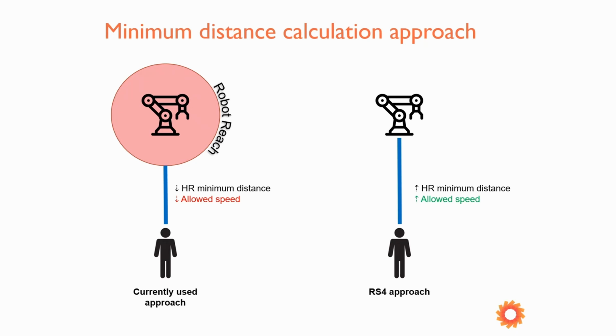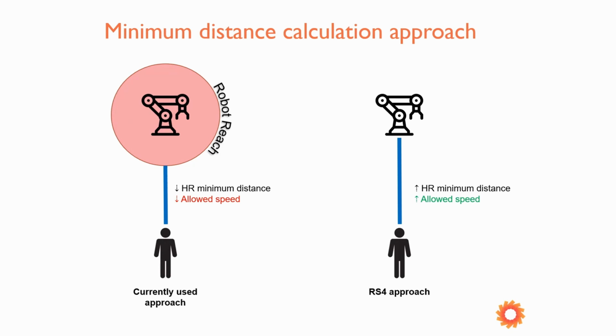So, about the minimum distance calculation approach that we have. It is pretty different from the one used by the safety sensors on the market, because currently the minimum distance that we need to take into consideration is the one defined from the human to the reach of the robot, which is larger than the volume occupied by the robot.